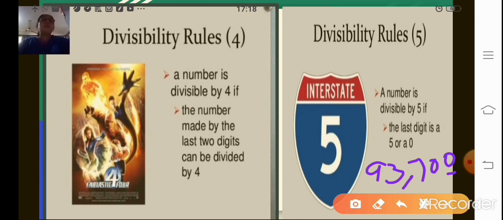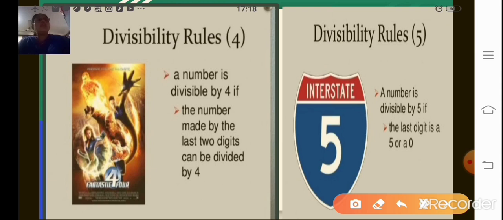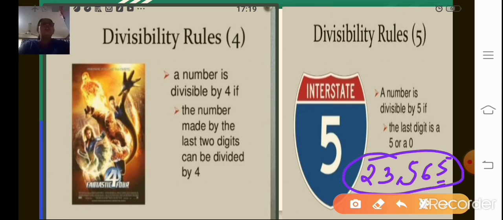That means the number is divisible by 5. Again, if I write a number as 23,565, here the number in the ones place, or units place, is 5. That means this number is divisible by 5.